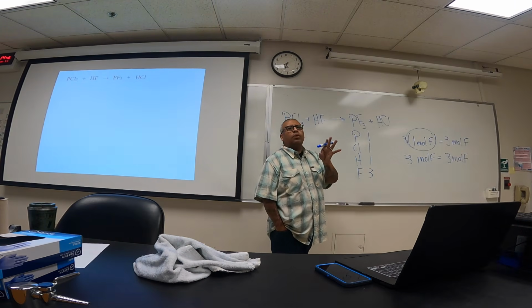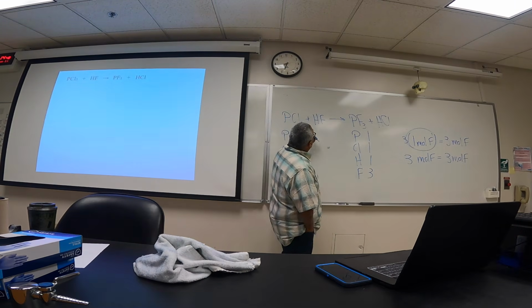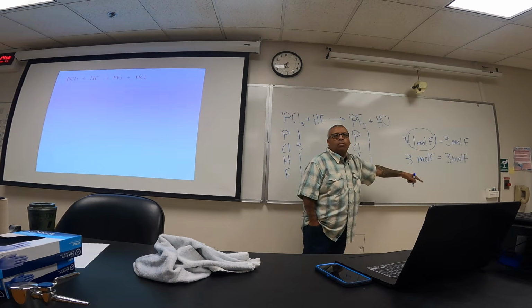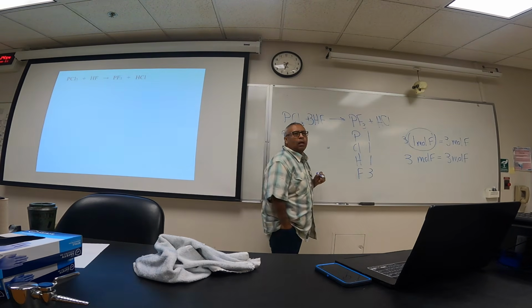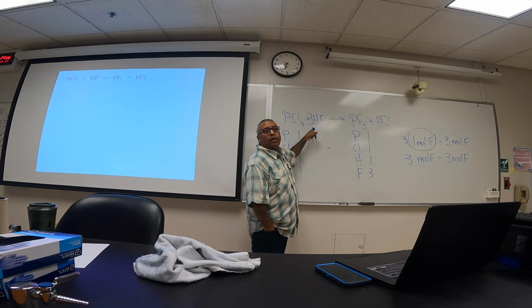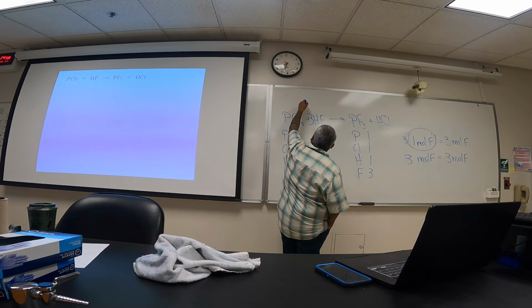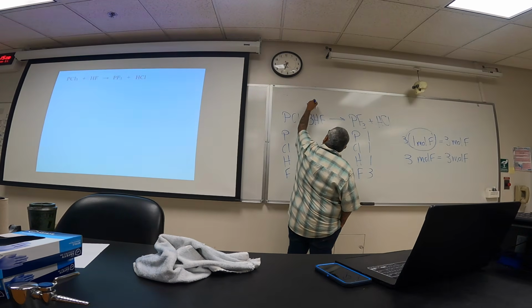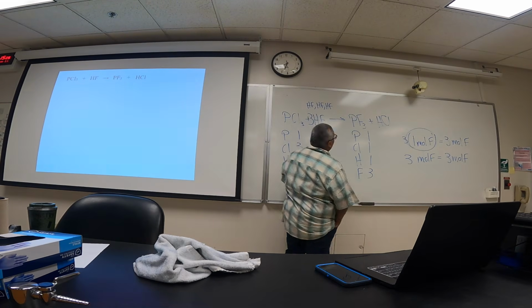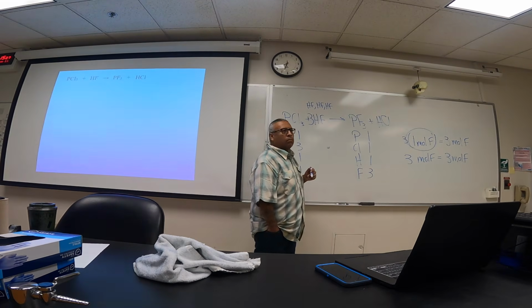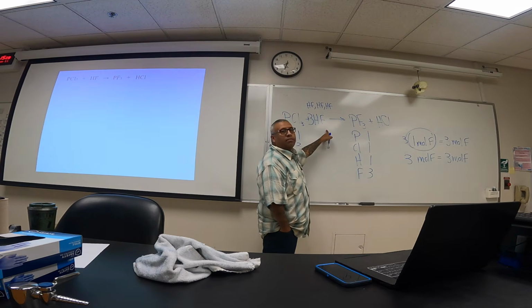So we're going to take that concept and use more shorthand. Instead of actually writing 3 moles, I'm just going to put a 3 in front of here, because this means that I have not 1, not 2, but I have 3 of them. I have 3 moles of this.